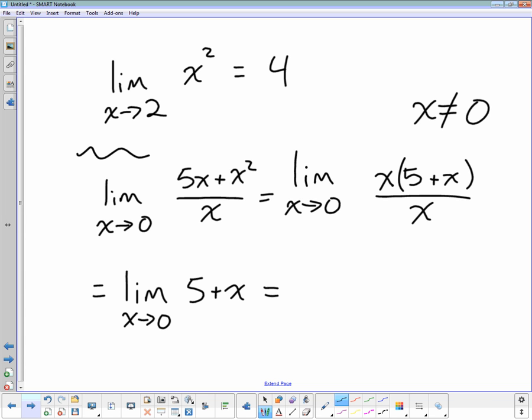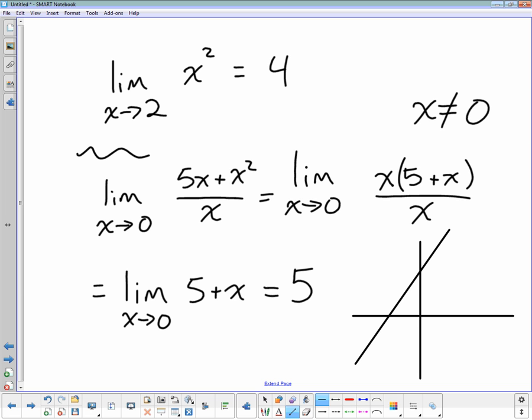And now what can we say this is equal to? When you graph this thing, the picture of it is a line with a hole missing.